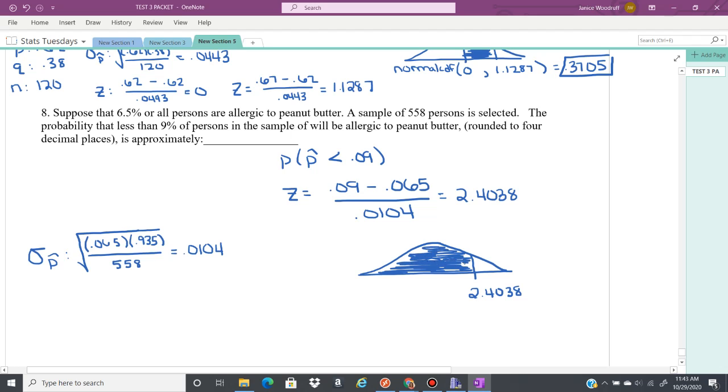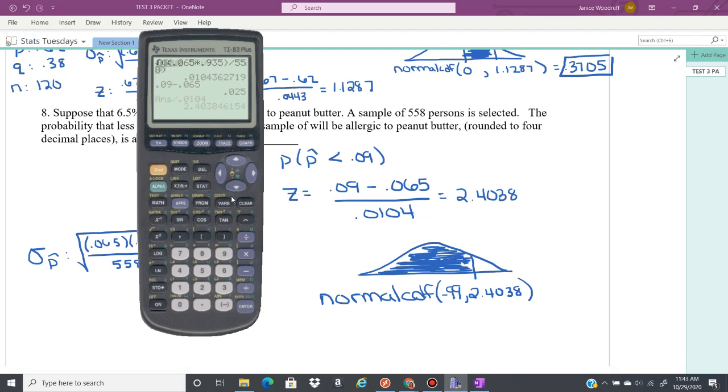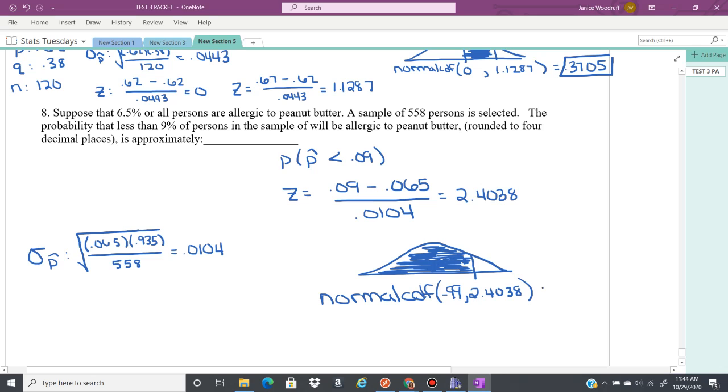So when I put this in my calculator, I'm going to have a lower limit of -99 because I'm going to the left. So normal CDF, -99, comma, 2.4038. So that's going to give us 0.9919.